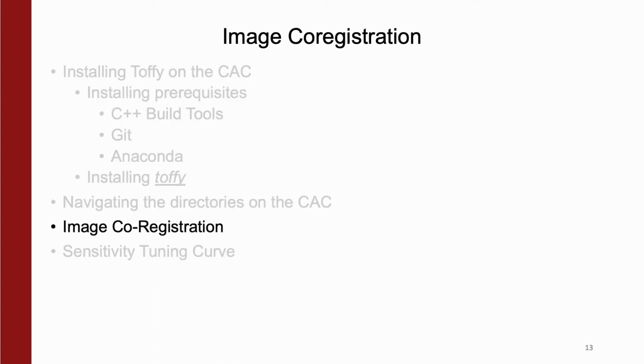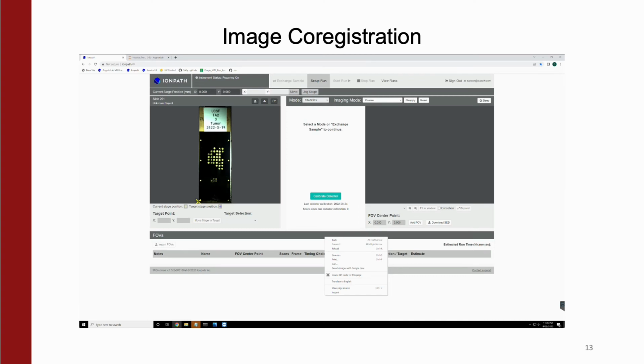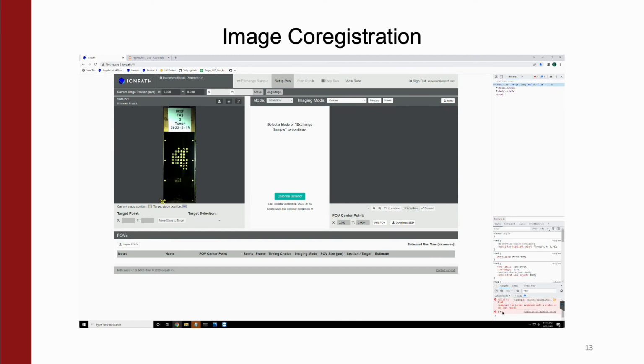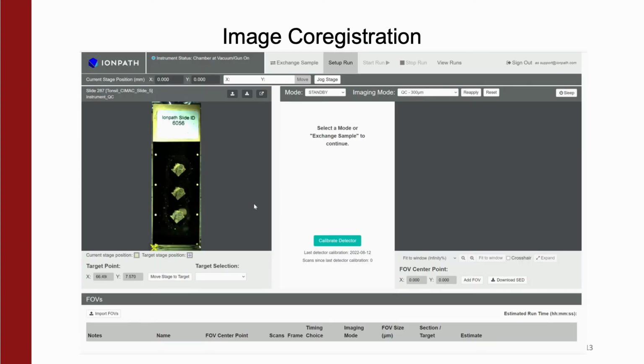Next, we're going to go over image co-registration. Head to the instrument control webpage, and then in order to display the location of the FOVs on the slide image, we have to map the location of the actual pixels in the image to the stage coordinates on the slide. Go ahead and click Inspect Element, and then in the console, type logger.level = 4. And then on the slide itself, you're going to want to acquire target points for the various stage coordinates.